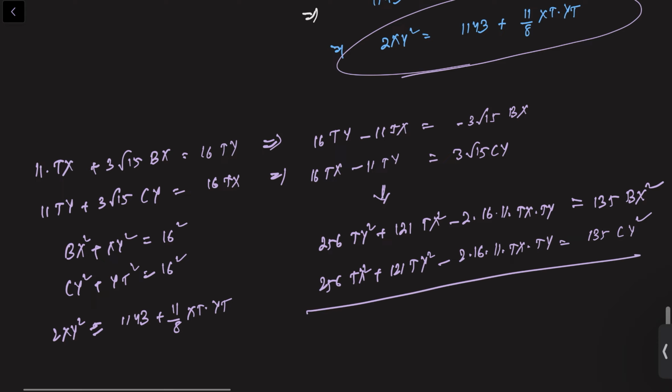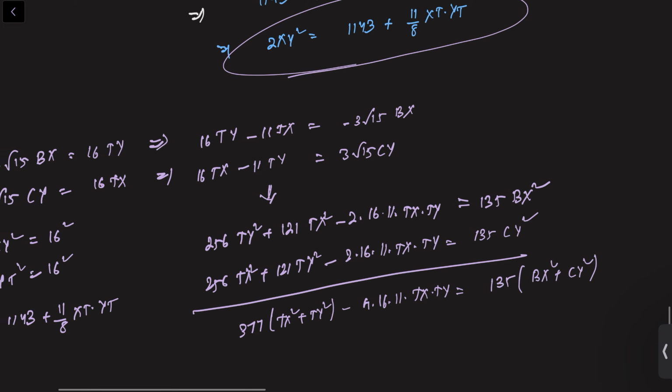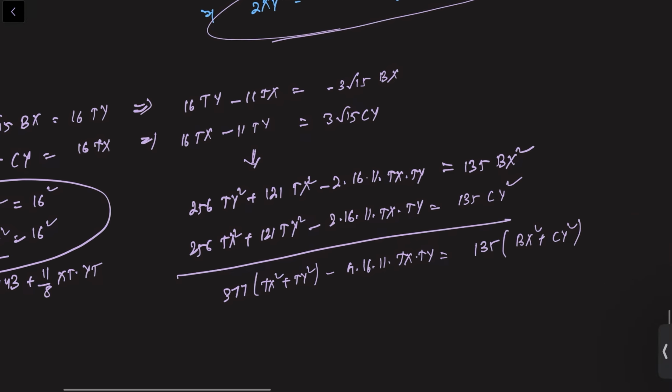If I add these two equations, 377 into (tx² + ty²) minus 4 into 16 into 11 into tx into ty equals 135 into (bx² + cy²). Now we already know what bx² + cy² is.